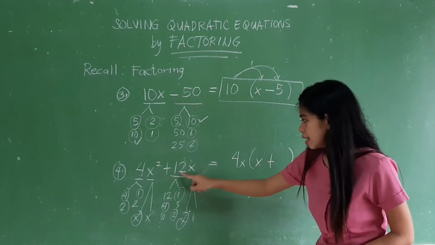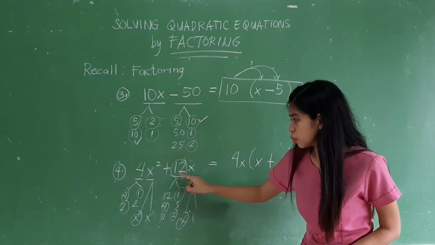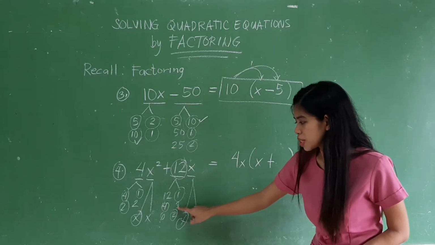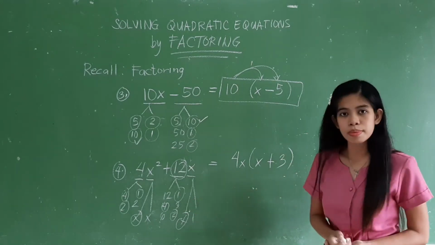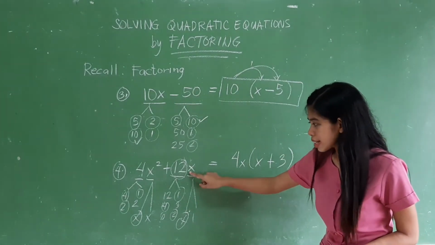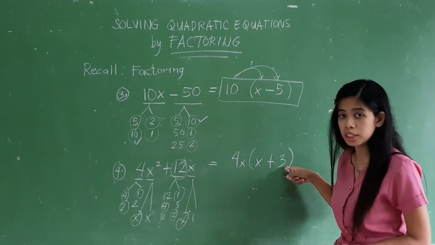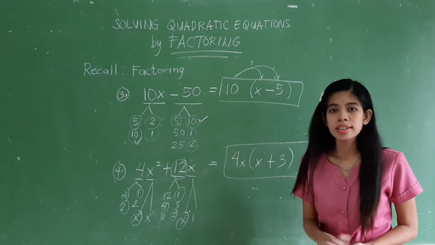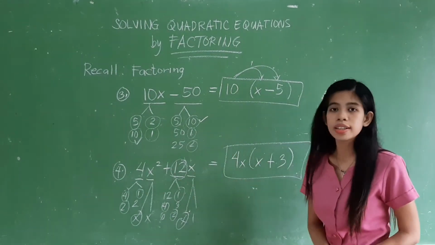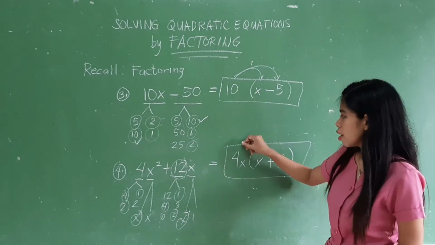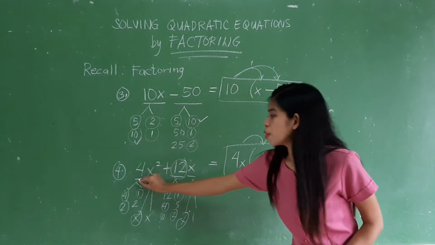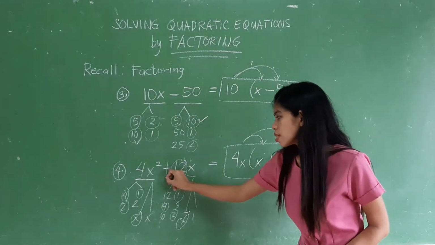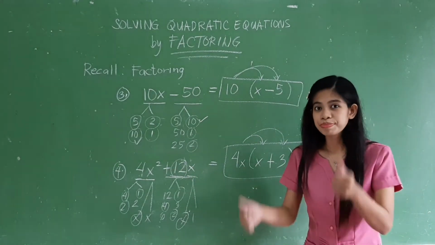Plus, again, the factors of 12 are 4 times 3. Since 4 is a common factor, we still have 3 inside the parenthesis. Now, since x is already the common factor, you don't need to write x inside the parenthesis anymore. So, this is now the factors of 4x squared plus 12x. Let us check. 4x times x, 4x squared, 4x times positive 3, that's positive 12x. Okay?